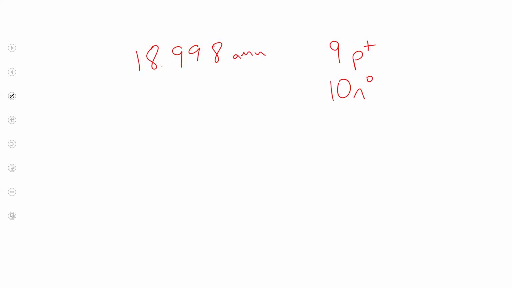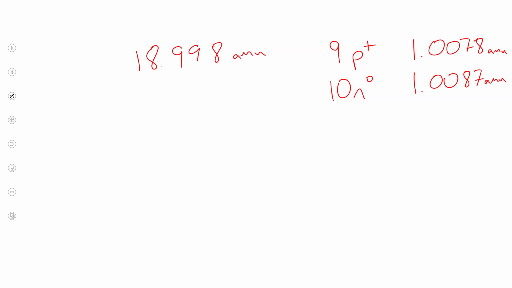Where this gets weird is that a proton has a mass of 1.0078 AMU, and neutrons have a mass of 1.0087 AMU.